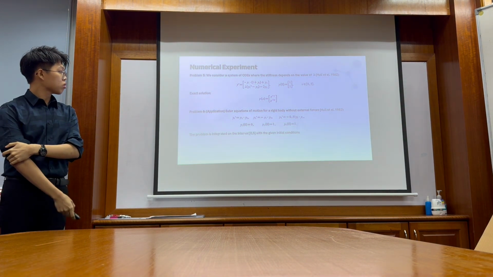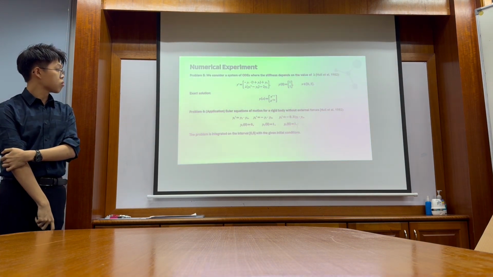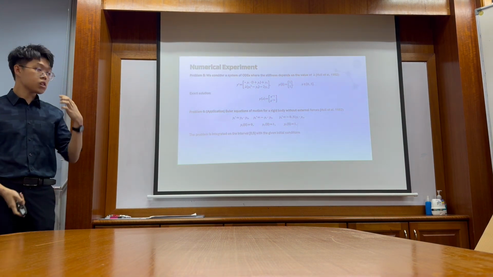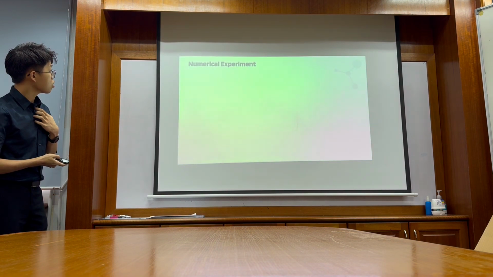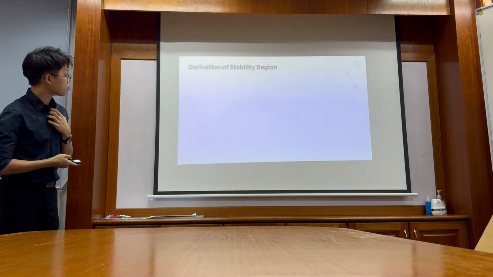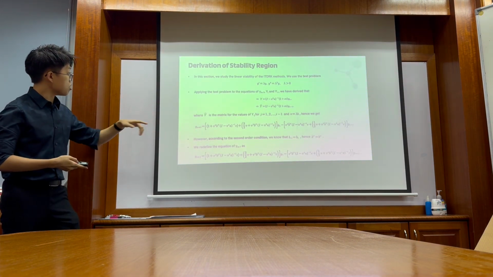Let me see. I have another question regarding the parameter V in the stability test. It's very interesting because V is not a real number, right? The V in the stability region.